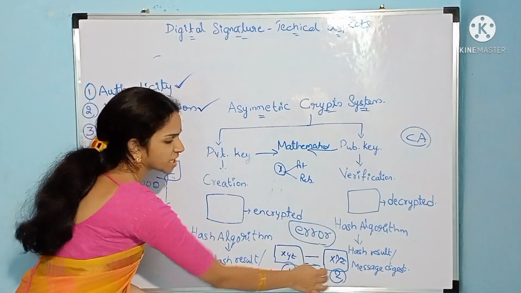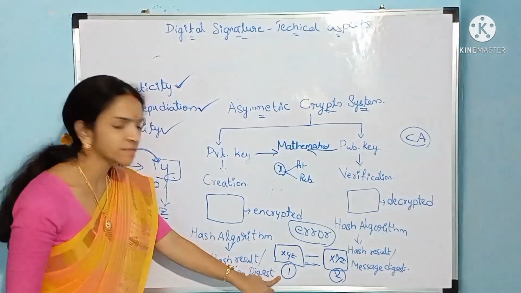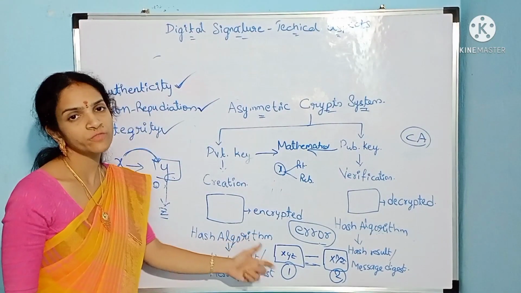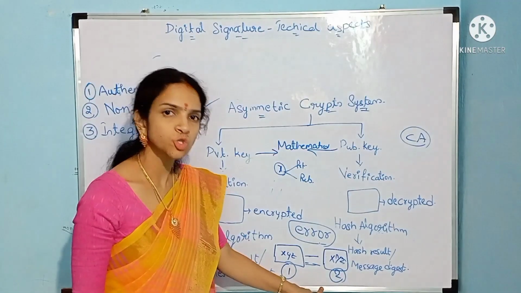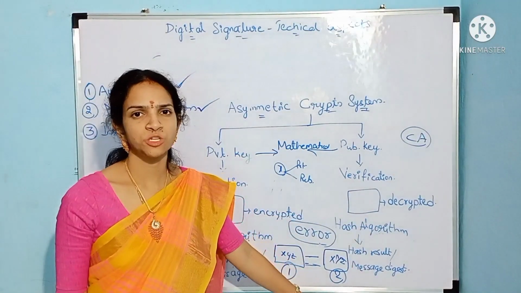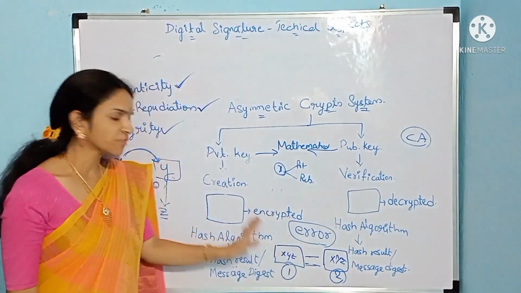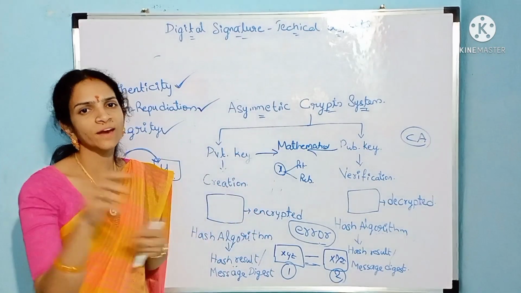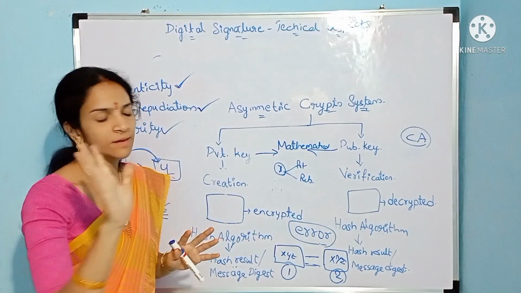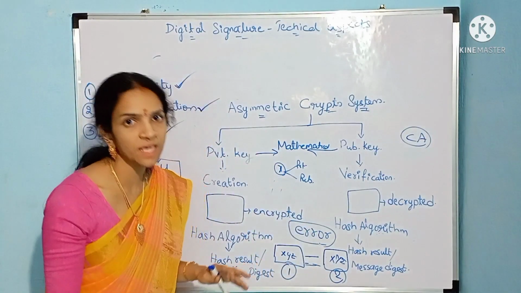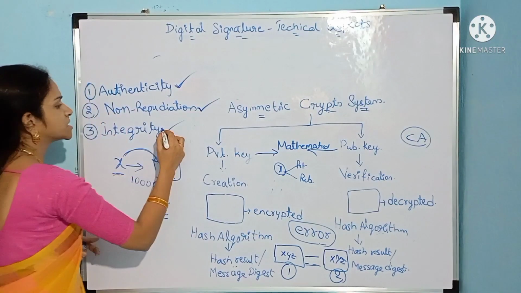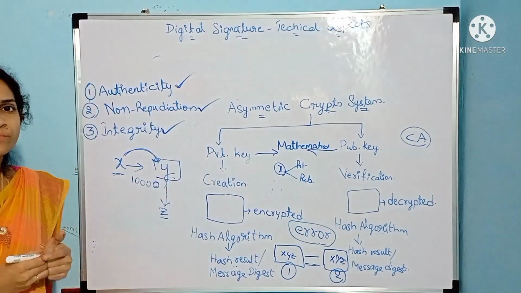Now two message digests are there: message digest 1 at the time of encryption, and message digest 2 at the time of decryption. Now if the integrity is maintained, if nobody had cracked in between, then both will come out the same and identical. That itself means that integrity is maintained.